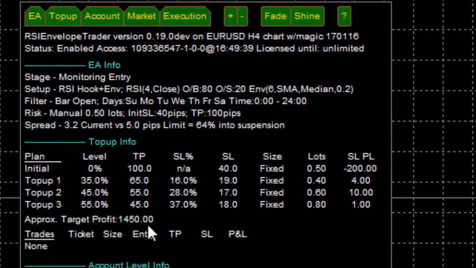Now the target doesn't double your account anymore. It's now a 1,450, which is 14% increase on your account. So it's not a shabby increase, 14% increase, but at least you've given the transaction lots of room with nice bigger stop sizes.